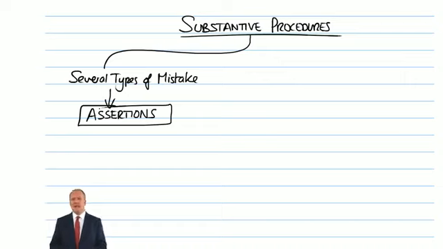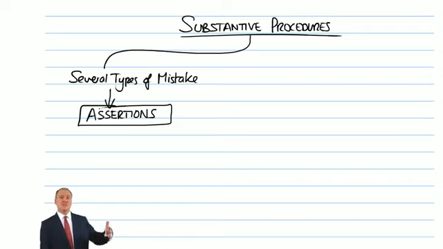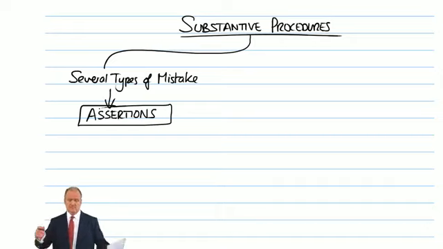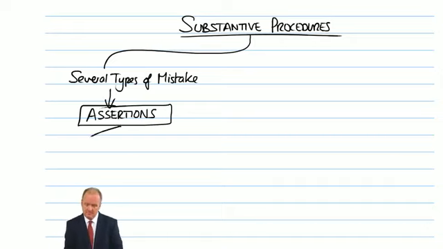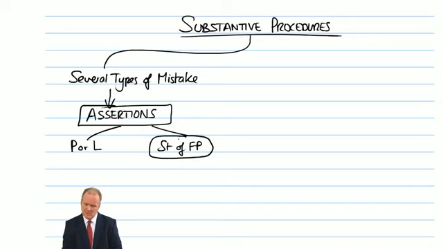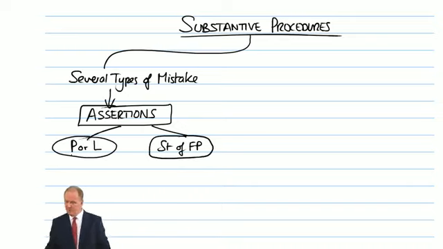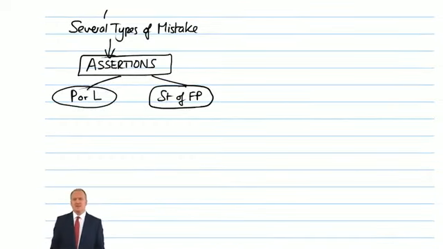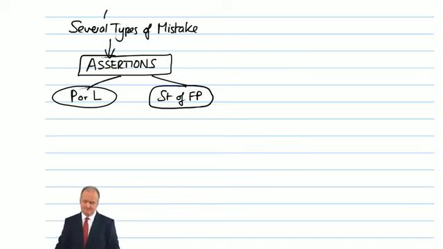And when the finance director hands you the draft financial statements, the FD is claiming or asserting that none of those types of mistake have been made. One slightly good piece of news is that recent changes mean that the assertions are a lot more similar between profit or loss and statement of financial position than they ever were in the past.